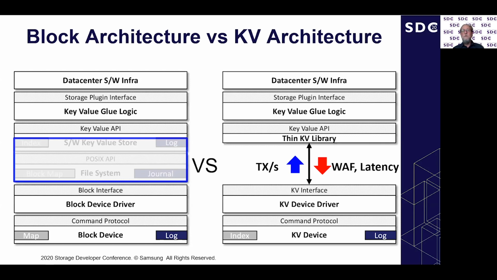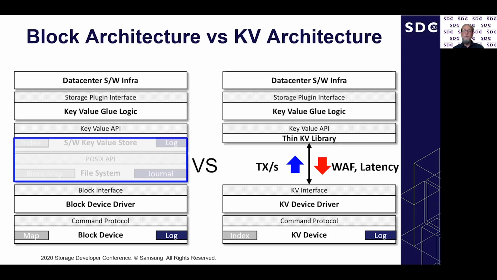In key value, you've got the same top part of this, but when you hit the key value API, you have a fairly thin library interface to your particular device protocol, and then you store the key value pair right down onto the key value device. There's one mapping table here, which is your key mapping to where the physical storage for the value is. This removes 2 layers of mapping. It removes some transaction information.